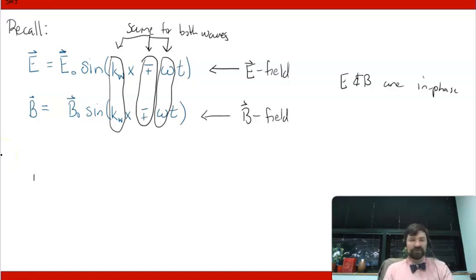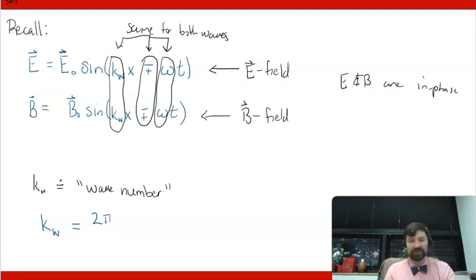And it's worth noting that k is what's called the wave number. And as we discussed in mechanical waves, this wave number is actually given by 2 pi divided by the wavelength.